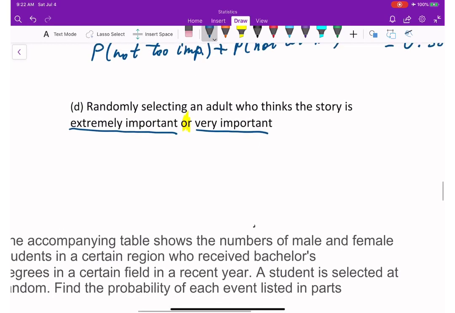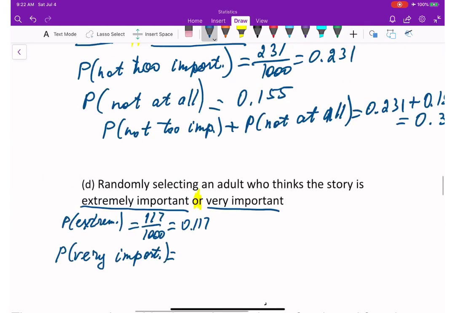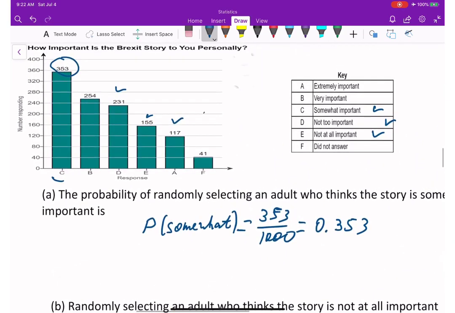So the probability of extremely important will be 117 over 1,000, 0.117, and probability of very important. Let's see how much our very important is.